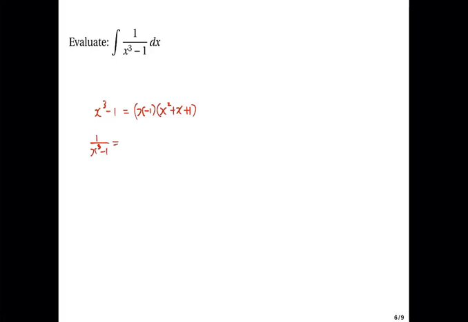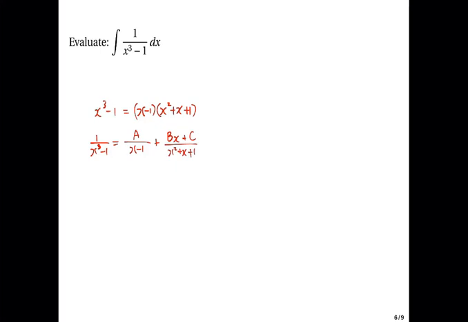For the factor x minus 1, let's just write a over x minus 1, plus, for the factor x squared plus x plus 1, the numerator will be bx plus c, divided by x squared plus x plus 1.